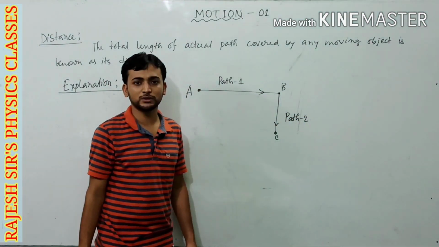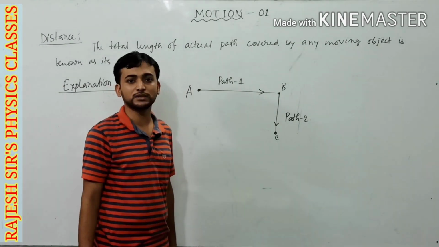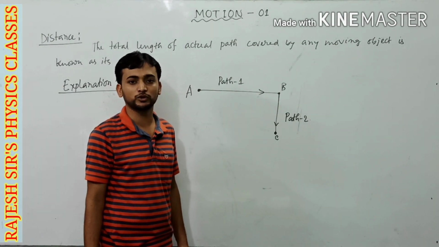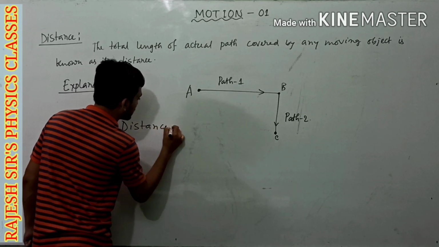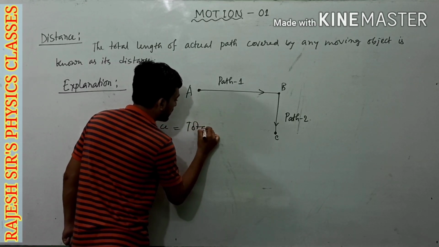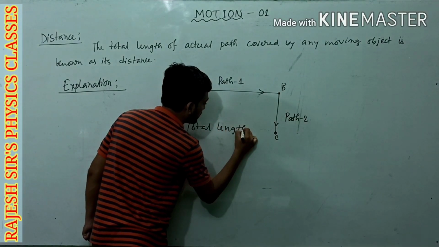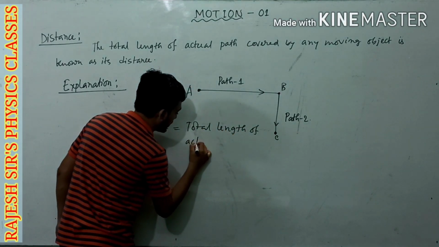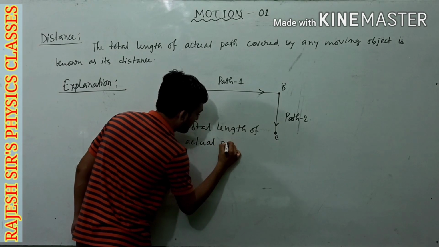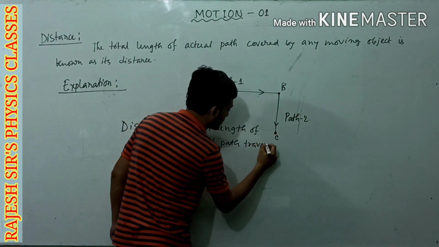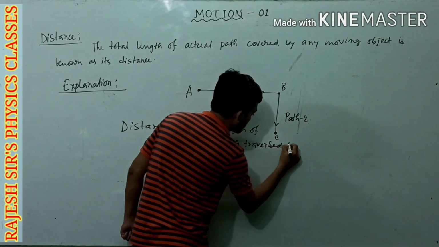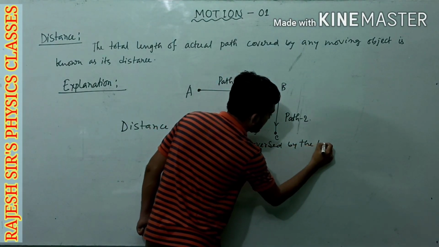Now if you are asked to write what is the distance traveled by this body during its motion, your answer should be: distance is equal to the total length of actual path traversed by the body.